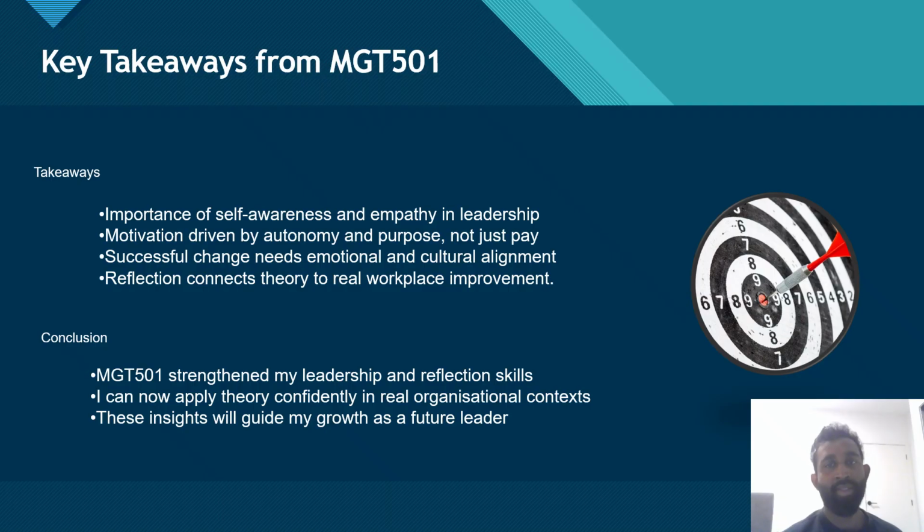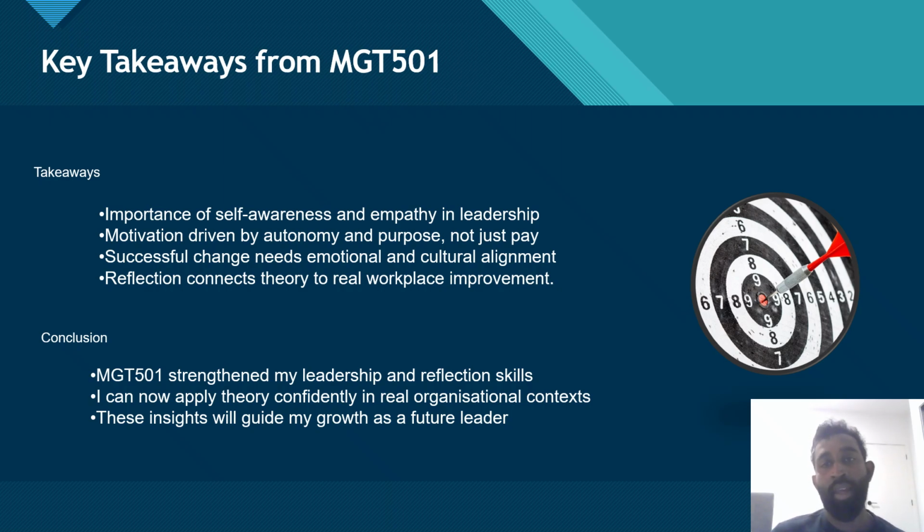This subject has helped me connect theory with practice, and I now view management not as authority but as influence, empathy, and continuous learning.